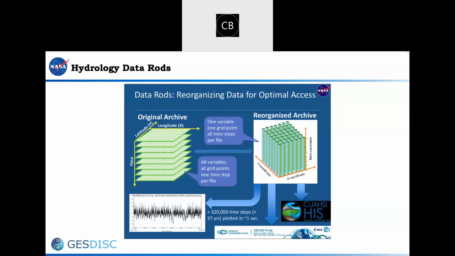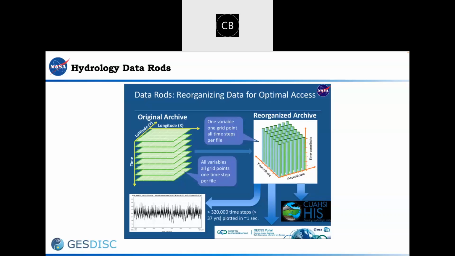You wanted to look at a particular variable only at a single grid point, and you wanted to make a time series of that. Now, before, what you would have to do is subset those variables, the lat-long extent, and you would still have to download those files at one time step per file.